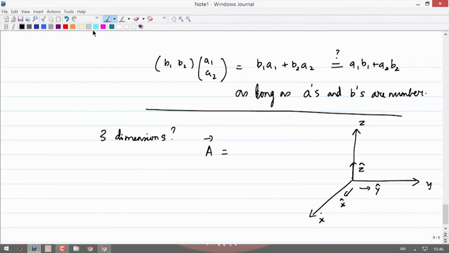So, if I write this in some colors, you can see that this is the unit vector z, and this is the unit vector x, and this is the unit vector y.